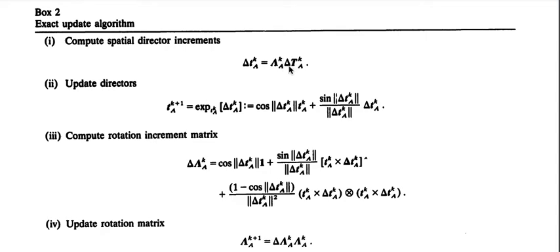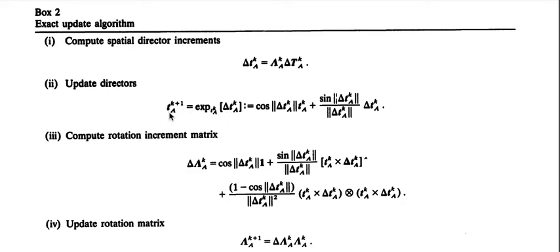This is a Euclidean space vector quantity in the tangent space of Euclidean space of SE square, and this we use to solve for the corresponding quantities in the spatial configuration. That we use to update the director vector using this exponential map and this recently solved delta t values.